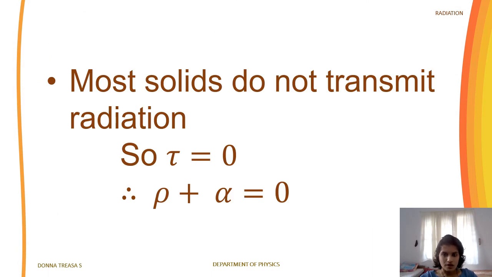For most solids, they do not transmit radiation, that is, transmissivity can be approximated as 0. Therefore, the previous relation takes the form rho plus alpha equals 1.